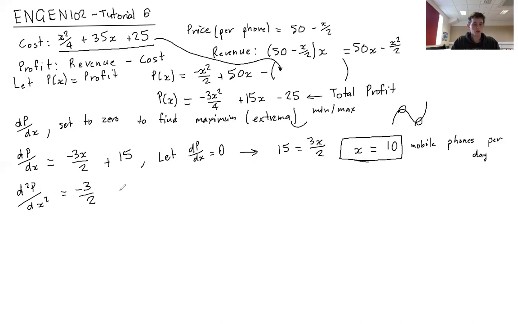Now, negative 3 on 2 is obviously less than 0. Because it's less than 0, our curve is what we call concave down. But in the context of looking at this point here, it doesn't actually depend on x at all, because there's no x in this equation.